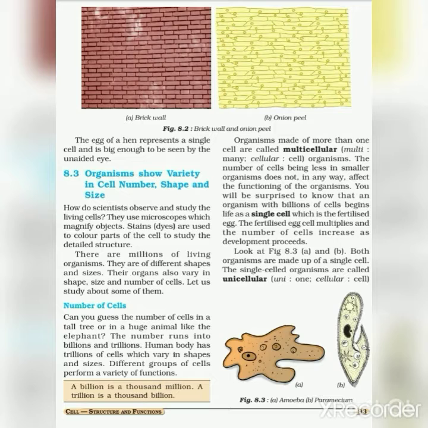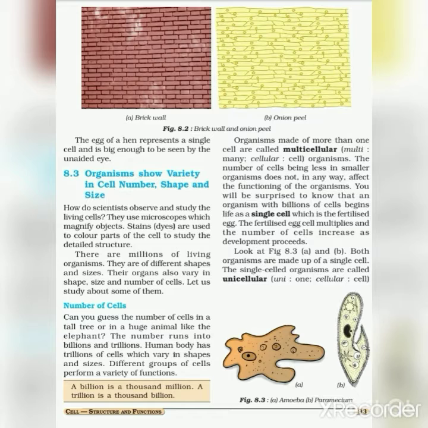Next is multicellular organisms. The organisms made up of many cells are called multicellular organisms. Examples are human beings, animals, birds, etc. The life of an organism begins with a single cell, which is a fertilized egg. It multiplies, the number of cells increases and development proceeds.